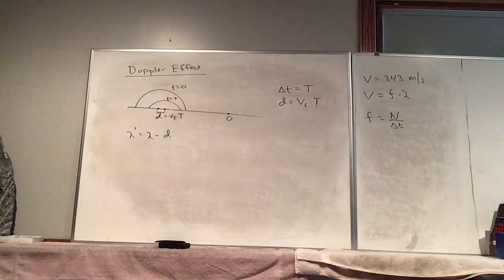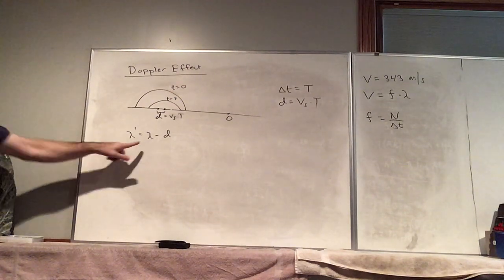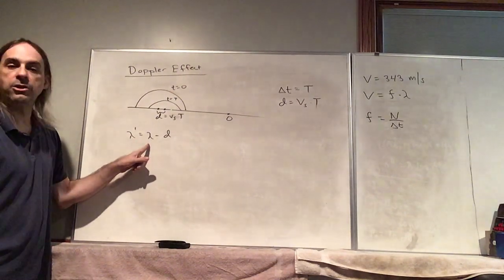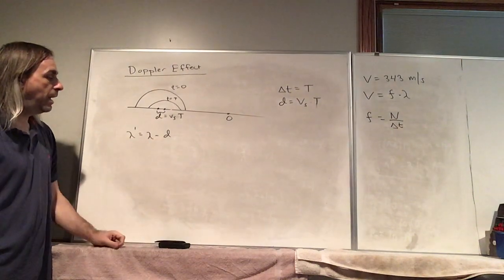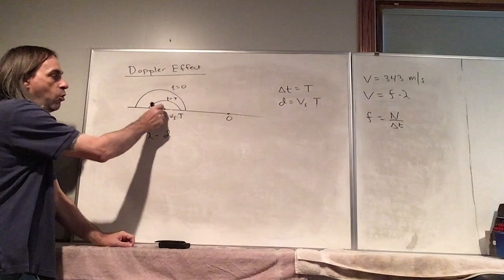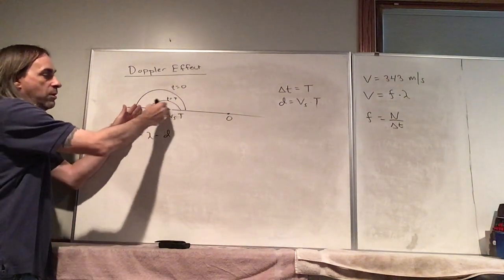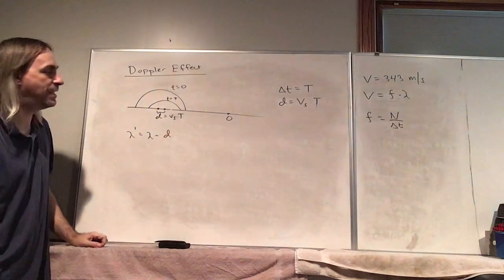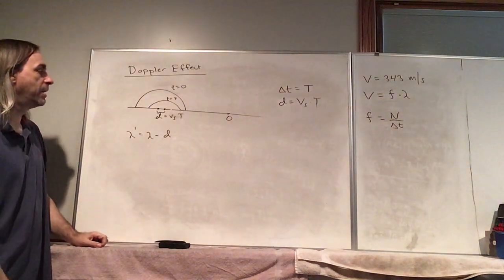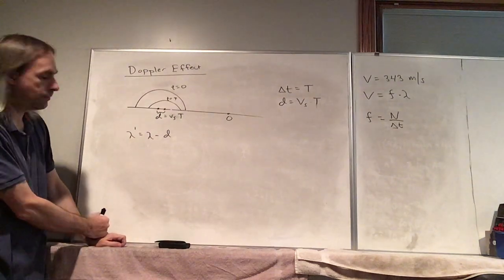And so I wrote down the equation. Lambda prime, this is what the observer sees. Lambda is what the observer would see if the source was stationary. And this is how much the wavelength was reduced. The whole pattern shifted, like the second wavefront was shifted a distance d towards the observer, and so the spacing between them was reduced by that amount.